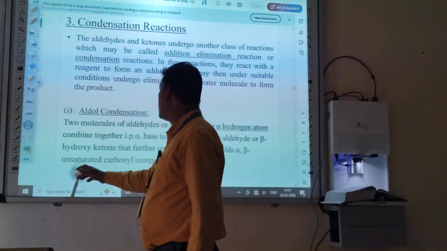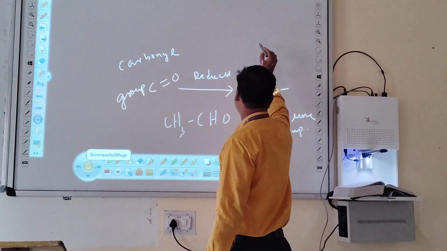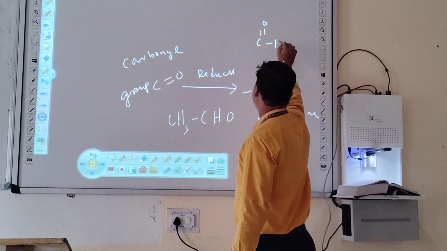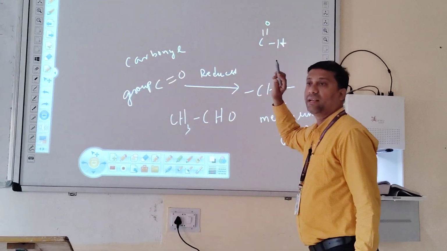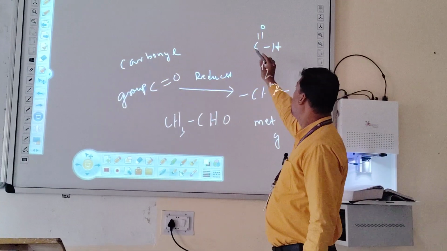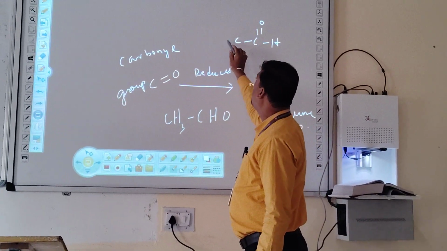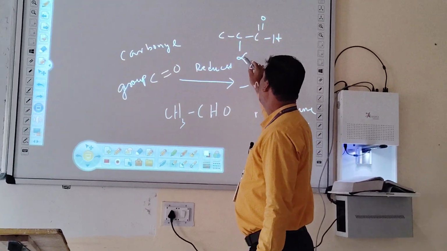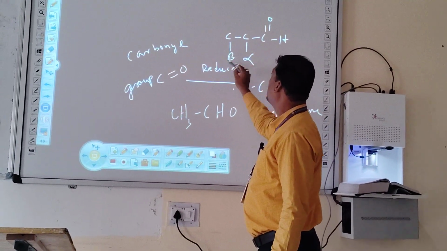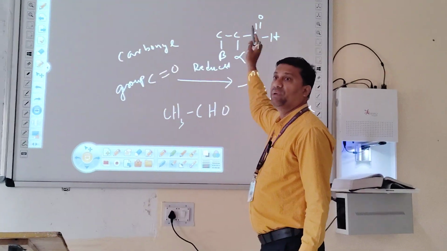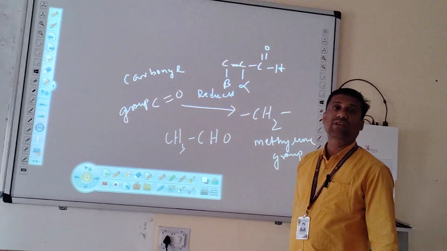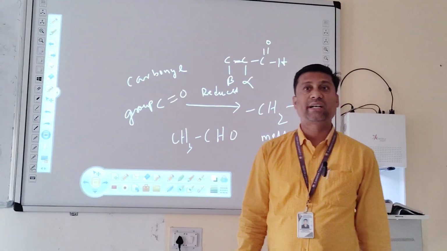If any type of carbonyl compound, C double bond O, it is an aldehyde and it contains the carbonyl group, and this is your alpha carbon and this is your beta carbon. If between the alpha and beta carbon the double bond is there, that is known as alpha beta unsaturated compounds.